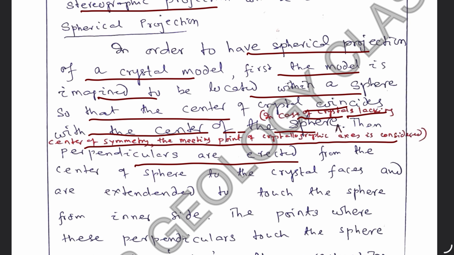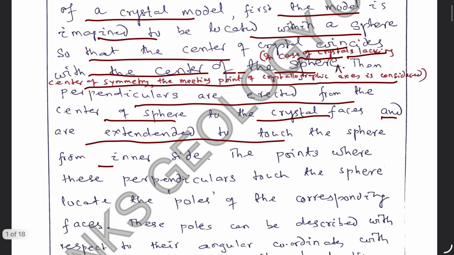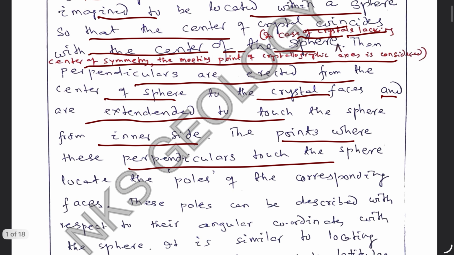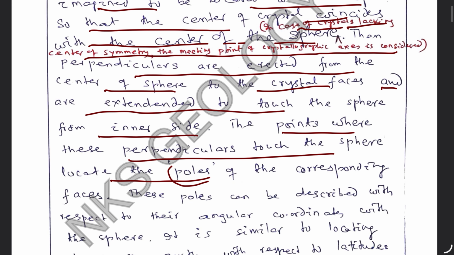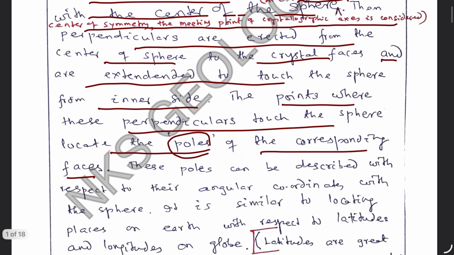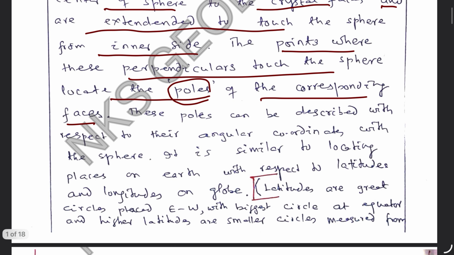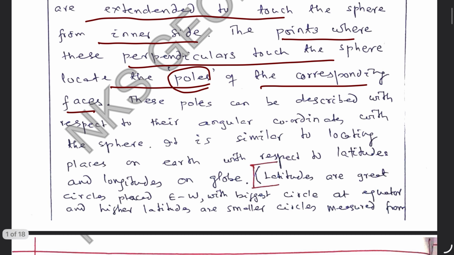The perpendiculars are erected from the center of the sphere to the crystal faces and are extended to touch the sphere from the inner side. The points where these perpendiculars touch the sphere locate the poles of the corresponding faces. These poles together form the spherical projection of the crystal concerned.